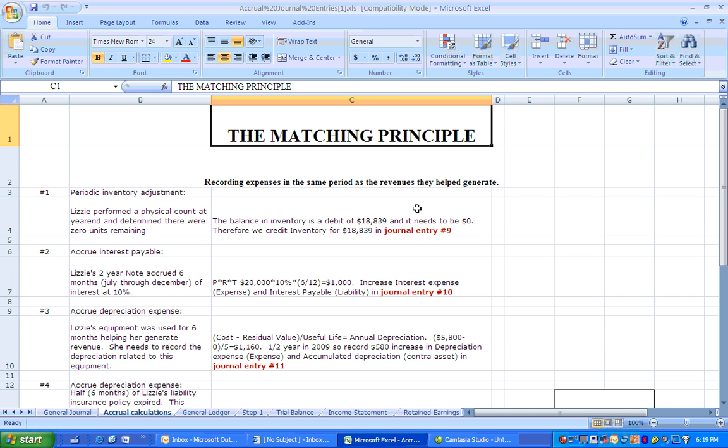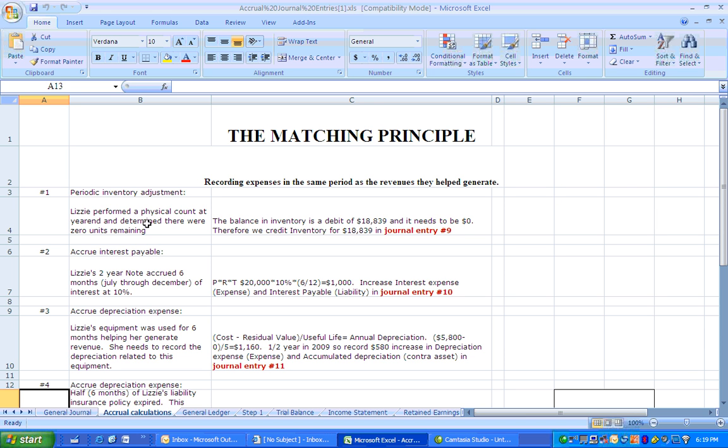This is accrual calculations. This is the second tab in the spreadsheet after general journal. And the first one is our inventory periodic adjustment. At the end of the period, and a lot of you have done this with jobs, you go and count everything at the end of the year. Well, Lizzie performed a physical count of her inventory, and she figured out that she didn't have any more inventory.